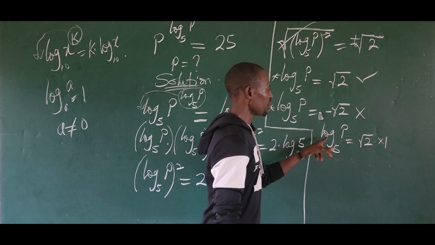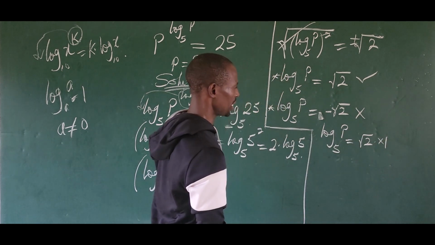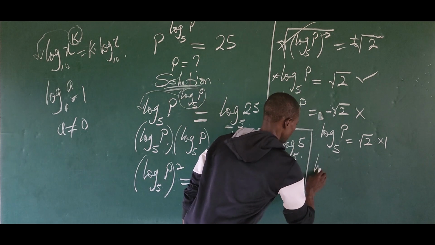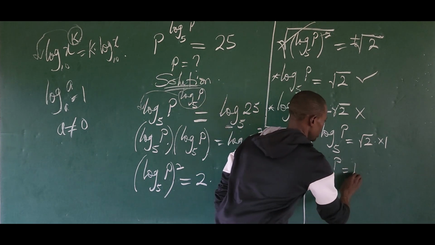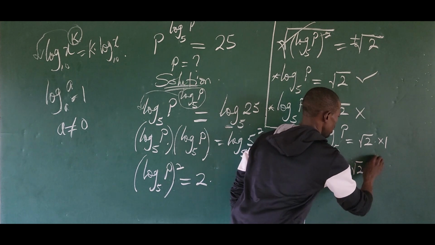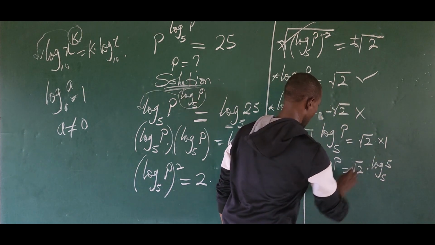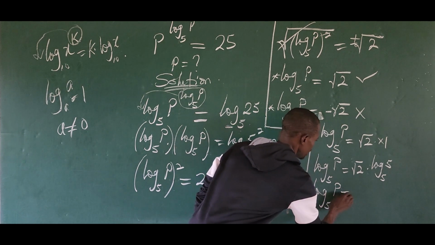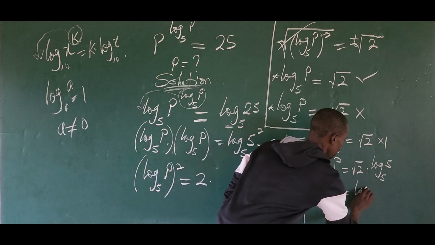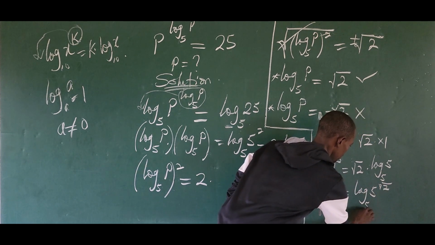So we have to introduce log 5 base 5 in this place here. Doing that, this is going to give us log p base 5 is equal to the square root of 2 times log 5 base 5. Move this back again, so this is going to give us log p base 5 is equal to the log of 5 to the power of root 2, base 5.